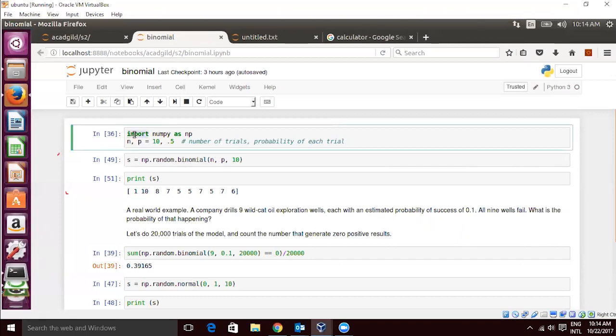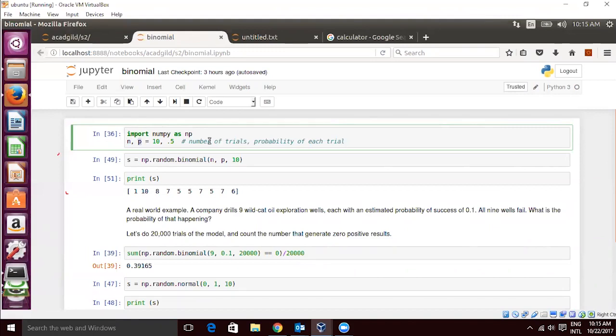As we discussed, when I have a discrete variable with a bunch of samples, n samples, obviously I cannot give you all the values, because that's not possible in real time. Instead I'll give you the number of trials as well as the probability. If I give this, then you have to generate random variables.